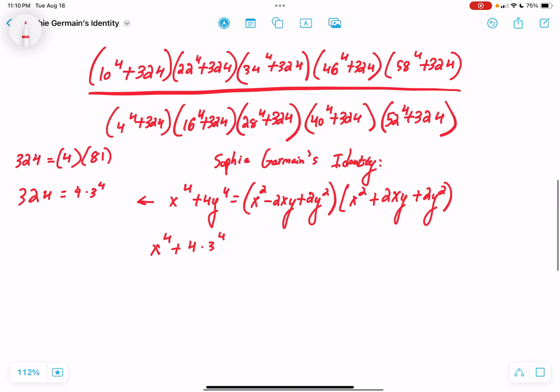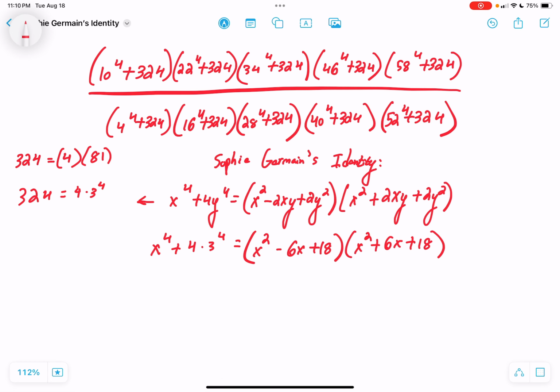That's going to be equal to x squared minus 2xy. Now my y is 3, so that's going to be minus 6x. My 2y squared, once again, is going to be 18, so this is plus 18. And then times x squared plus 6x plus 18. Okay.